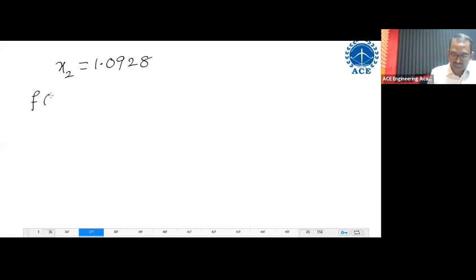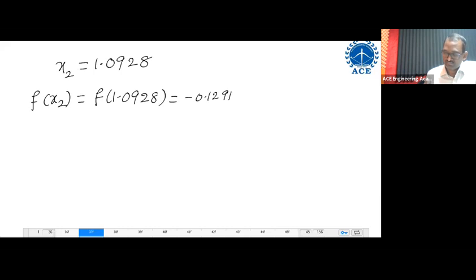Find f(x2), that is f(1.0928), which is minus 0.1291.